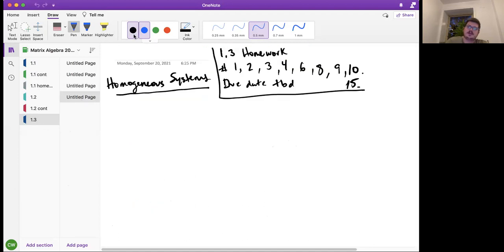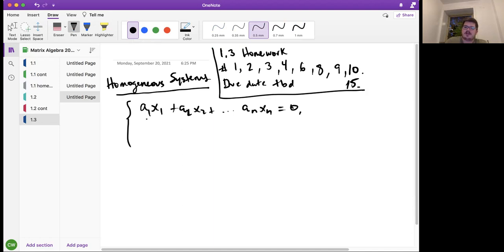Okay, so the idea of a homogeneous system is something that was talked about in 1.2. I like kind of easing it into 1.3. All right, so what is a homogeneous system? It's any system where you have some linear equation and it's equal to 0, then all other ones are also equal to 0.